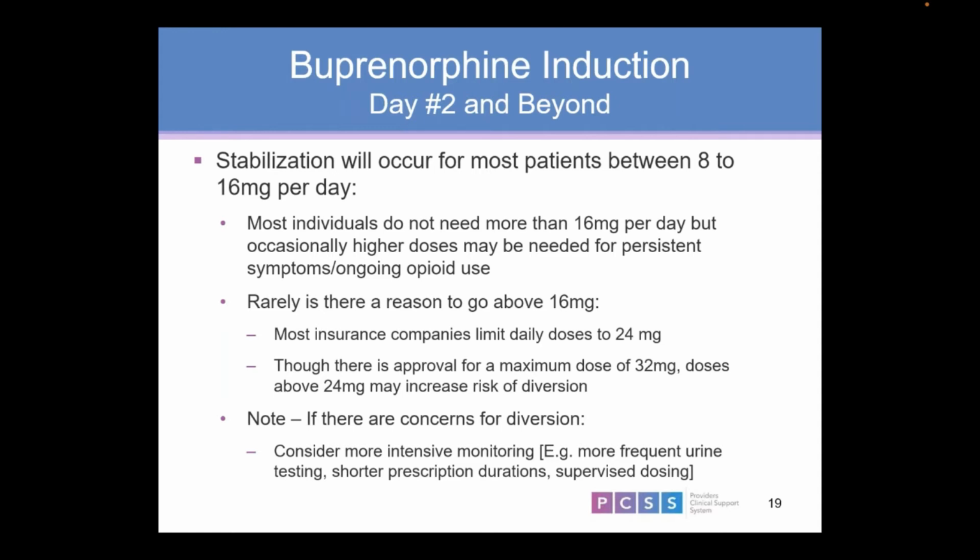So just keep in mind, many times patients, if they're on higher doses, are going to recognize relatively soon they don't need 24 milligrams to keep themselves out of withdrawal, and so they have one or two of these medications that potentially could be diverted to the street.